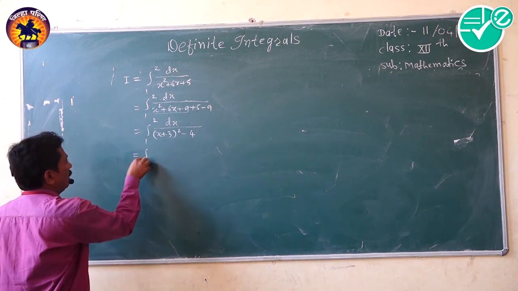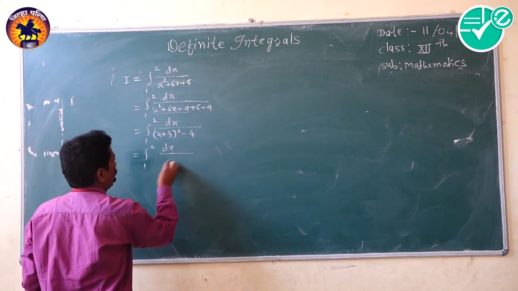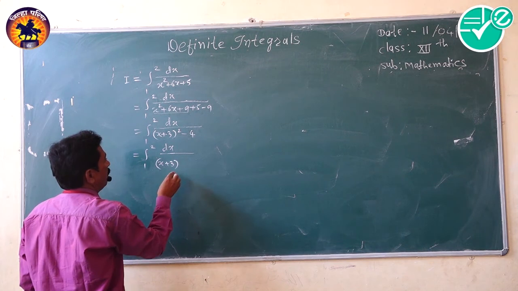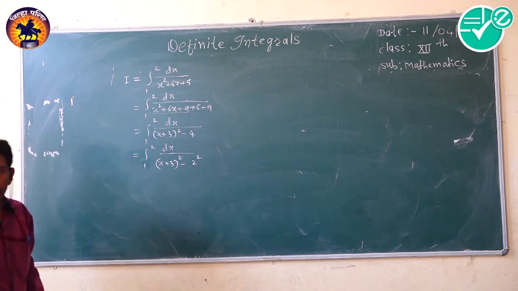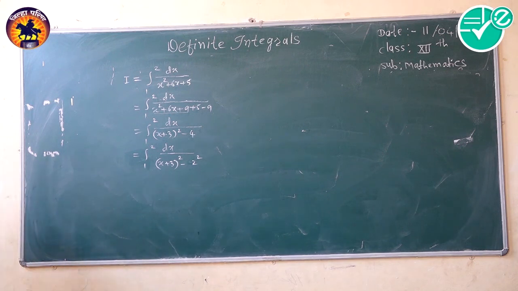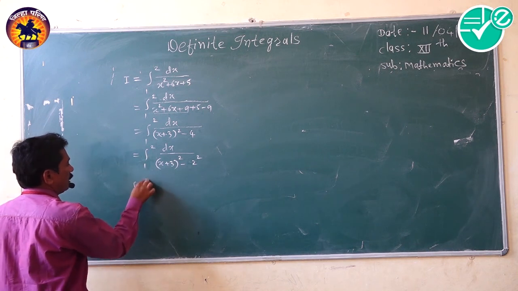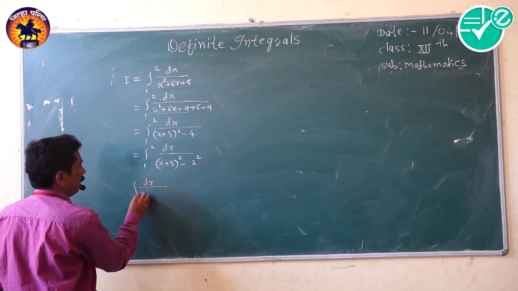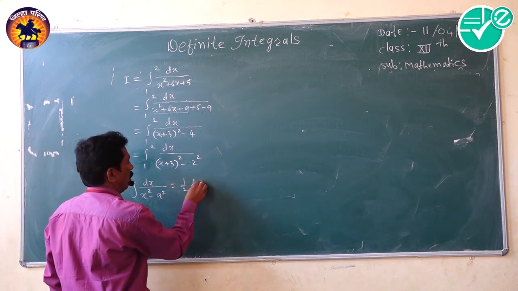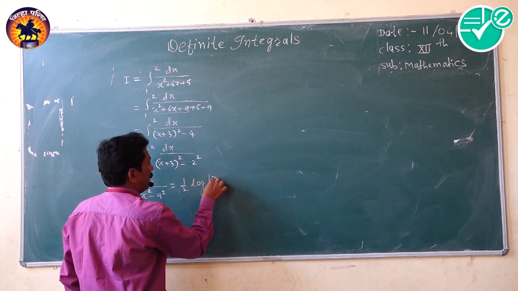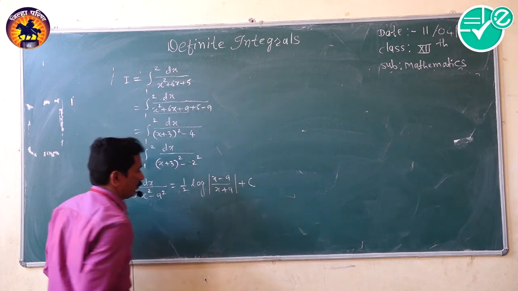We can rewrite, that is 1 to 2 dx upon x plus 3 bracket square minus 2 square. Now using here formula, integration dx upon x square minus a square is equal to 1 by 2a log of x minus a upon x plus a plus c.